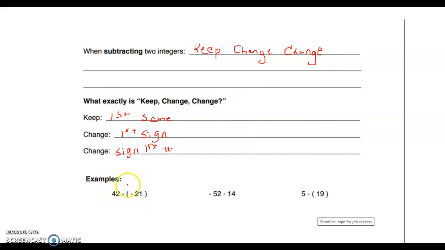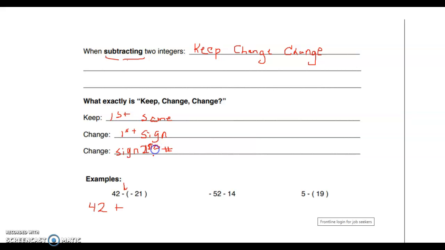I'm only going to do this when I am subtracting. So I notice I'm subtracting. I'm going to do a keep, change. I'm going to keep the first number 42 the same. I'm going to change the sign to addition. And then I'm going to change the sign of the, and I'm sorry, guys, I'm noticing this is actually the second number.